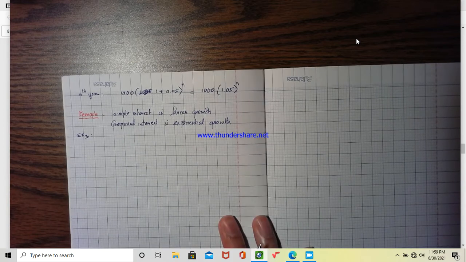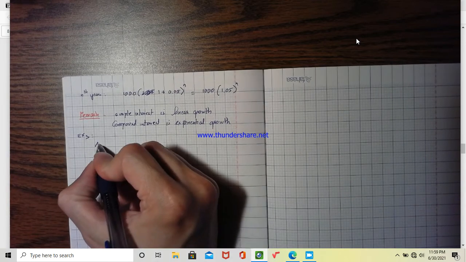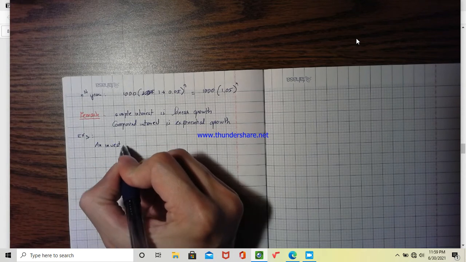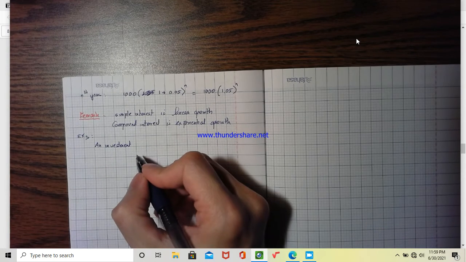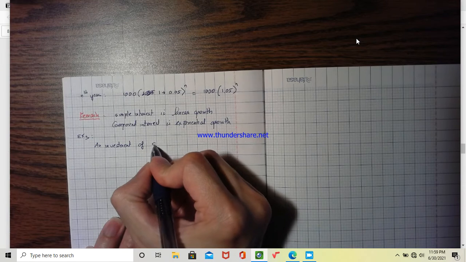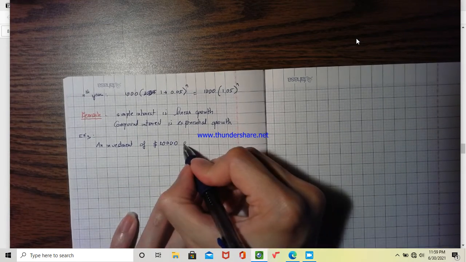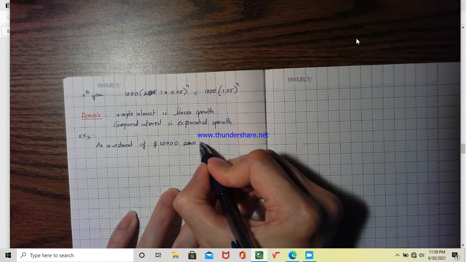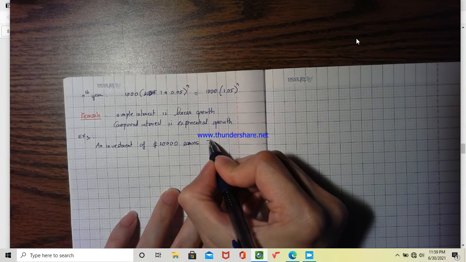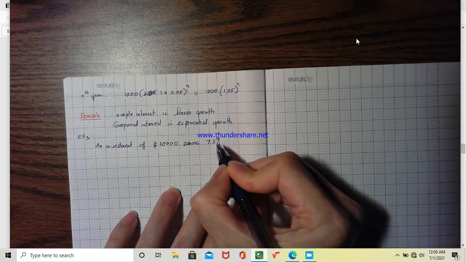Example number 3. An investment of $20,000 earns 7.5% interest.